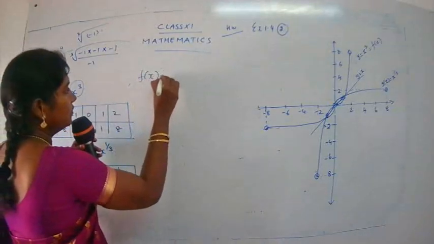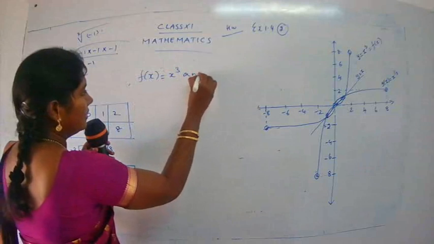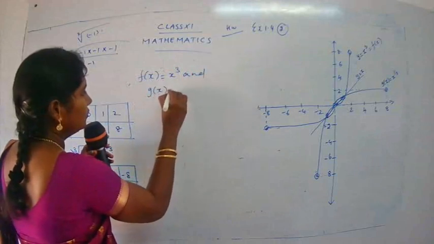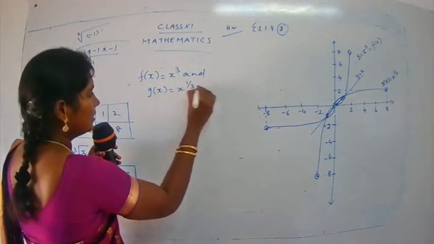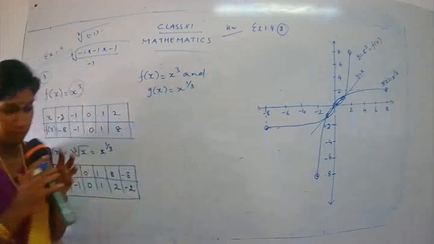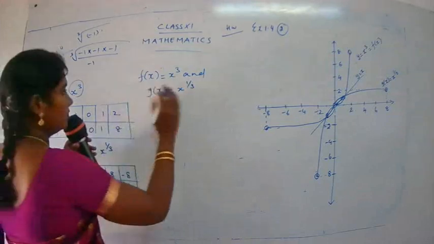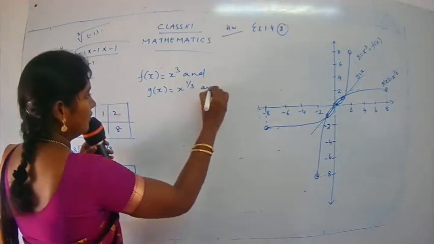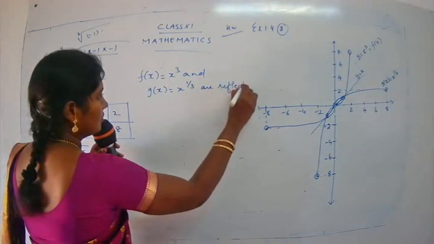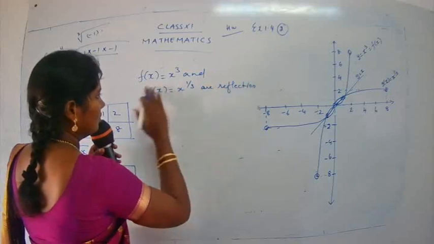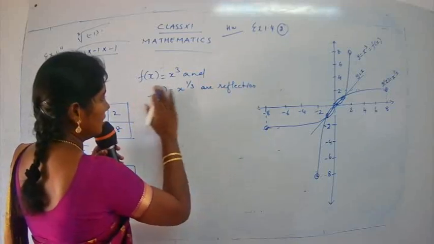F of x is equal to x cube and g of x is equal to x raised to 1 by 3 are reflections of each other. I'll write like this.